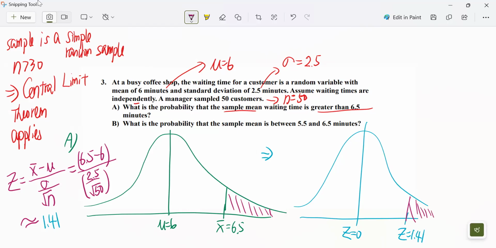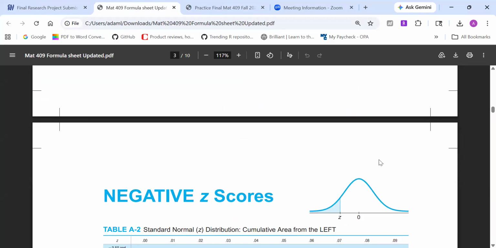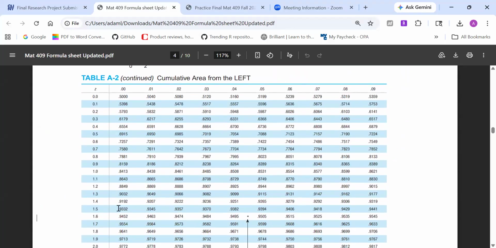We take 1.41 and go to table A2. It's embedded in our formula sheet. We scroll down to the second page and see 1.41 here, which is 0.9207. That means the area to the left is 0.9207, but we want the area to the right.